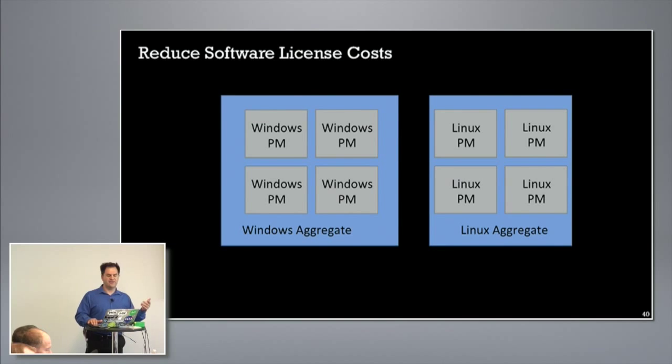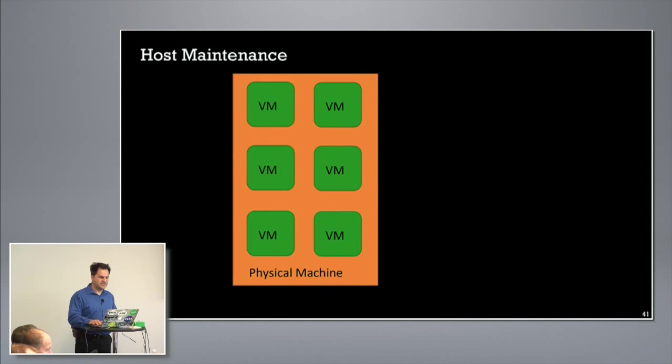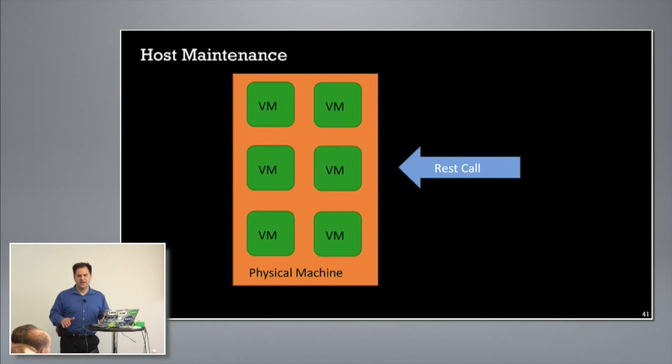Another one that I alluded to is licensing, where you want your production Windows VMs to run on a certain group of hosts, and your production Linux or non-production Linux run someplace else. One of the things that we saw that was interesting is that even though it's a nice private cloud, you still want to do maintenance on the infrastructure.